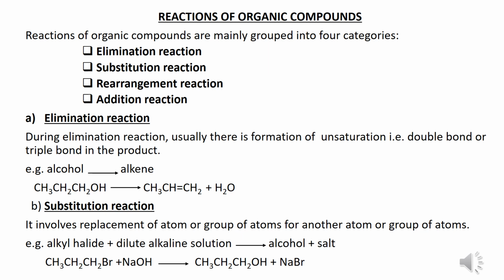In this example, bromopropane reacts with sodium hydroxide to give propanol and sodium bromide. As you see, the hydroxyl group substitutes the bromide group, leading to the formation of alcohol, and the bromide reacts with the sodium to give the salt sodium bromide.